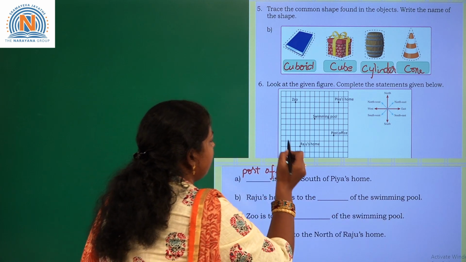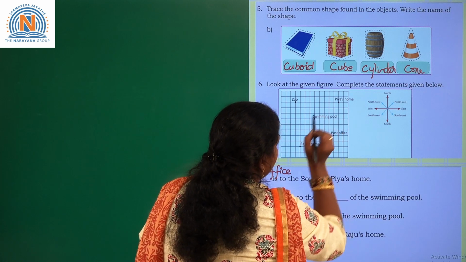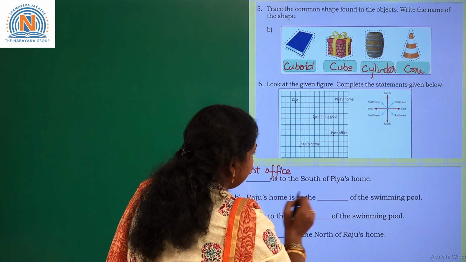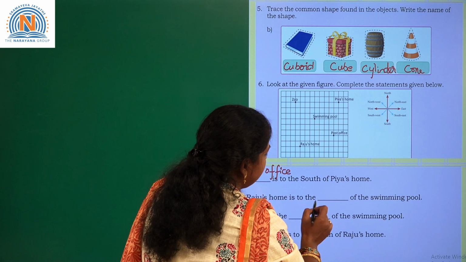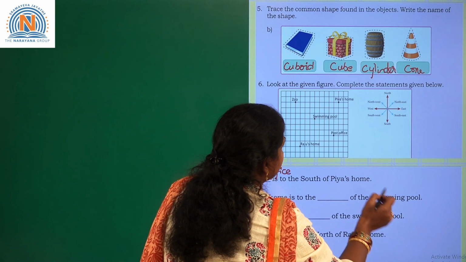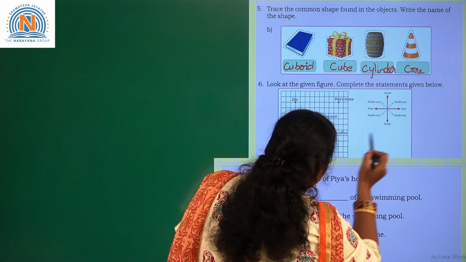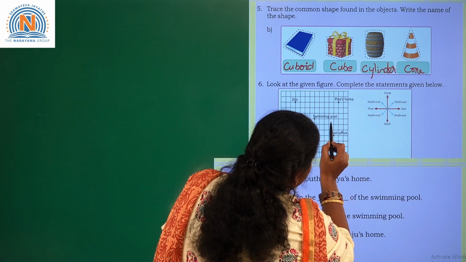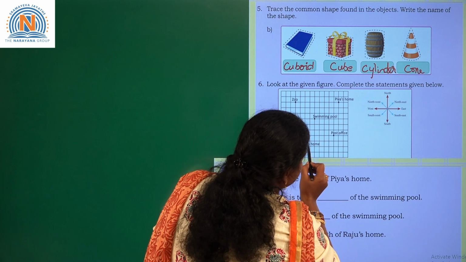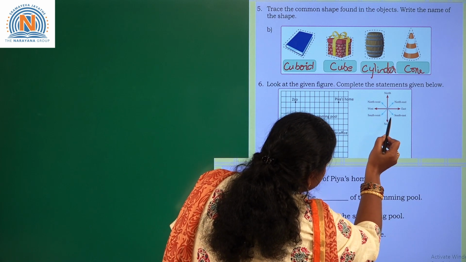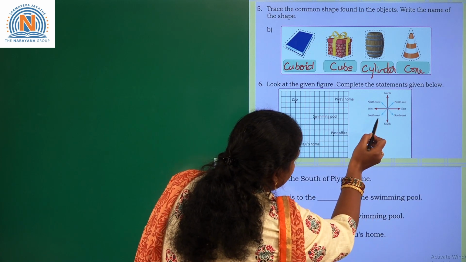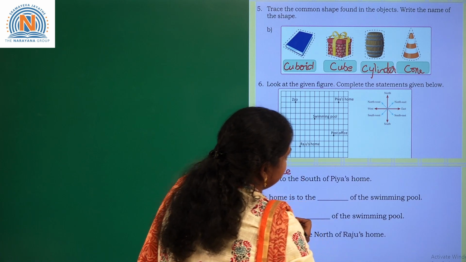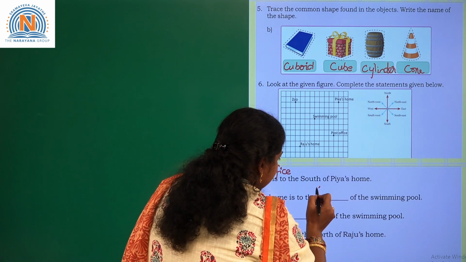Look at Raju's home and swimming pool is here, right? In which direction is it? From the swimming pool, Raju's home is towards this side, right? Then it will become southwest.